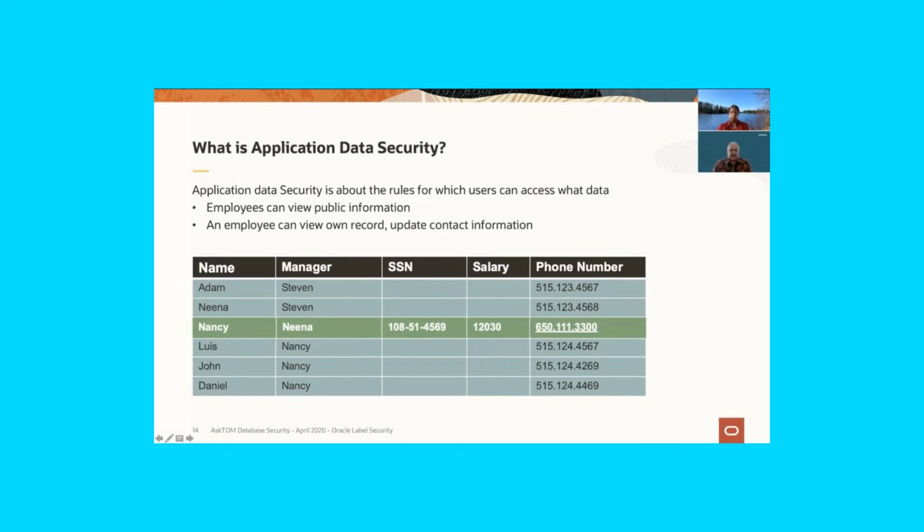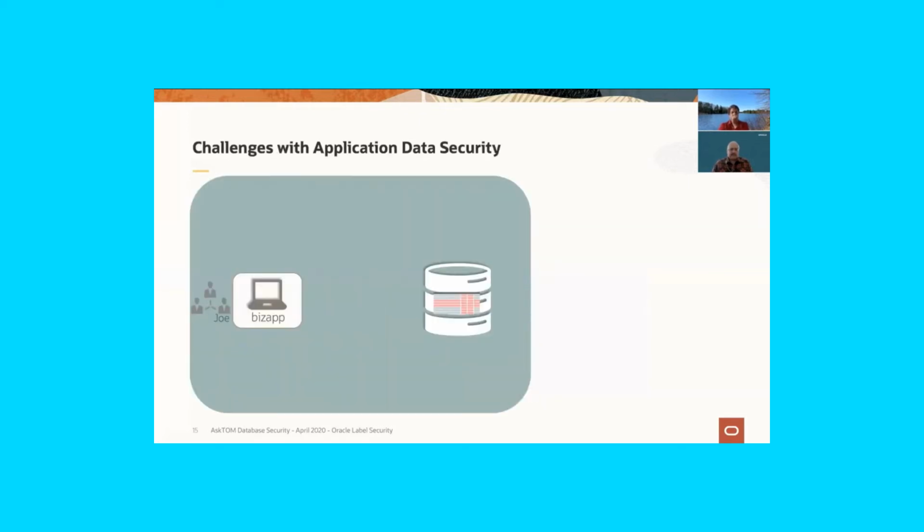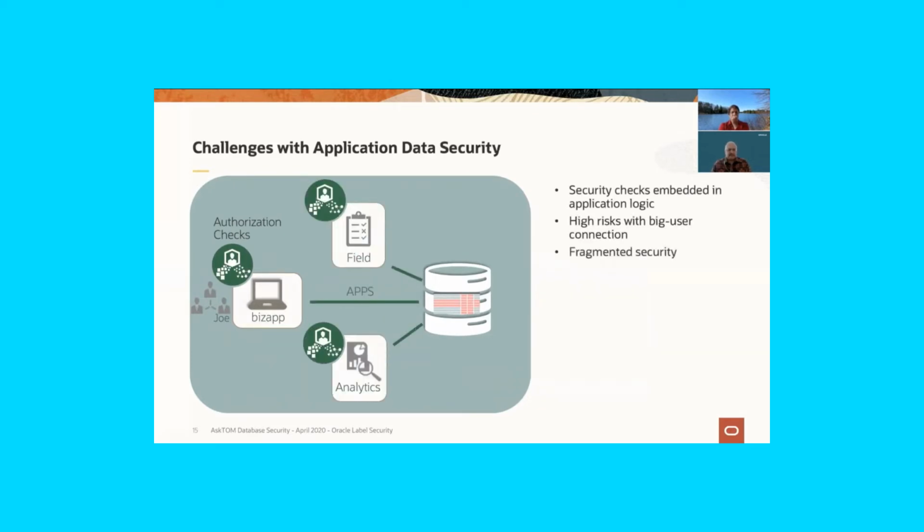However, you can view your own information in order to update it or correct some errors. Or a manager can see information about her employees. So you can do this either through application logic, and everything is built into the application logic. Multiple applications, each can have their own logic.